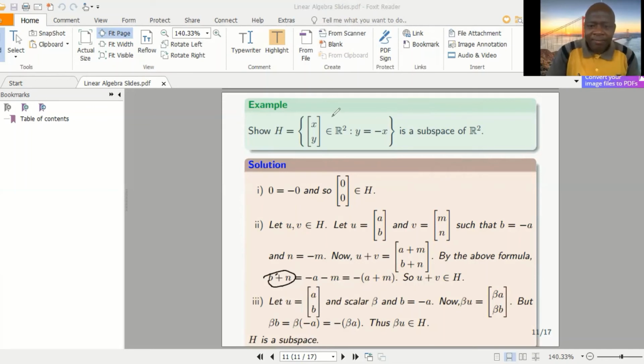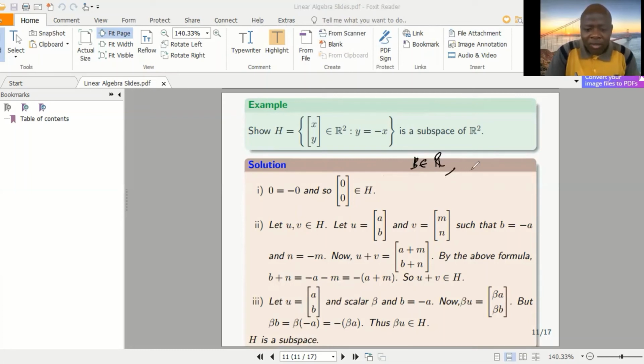Good. Now, this time I want to pick a scalar beta from the real numbers.